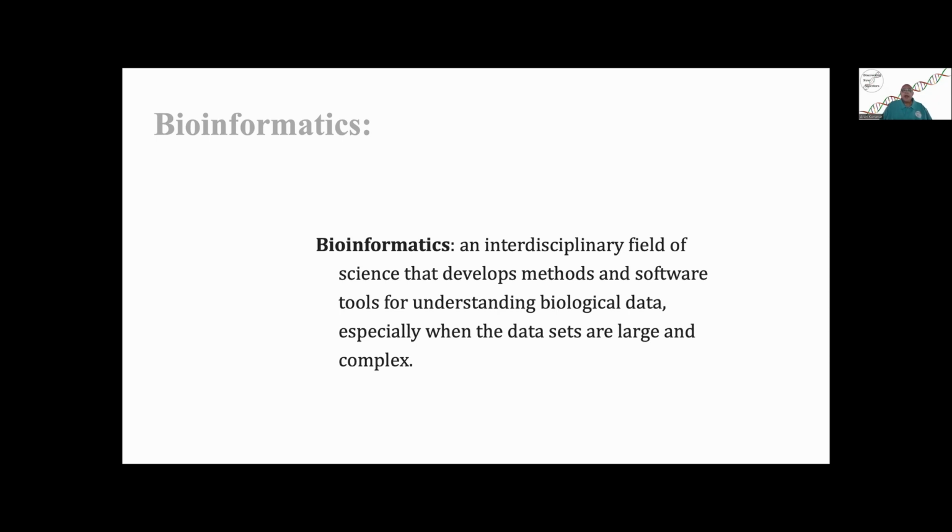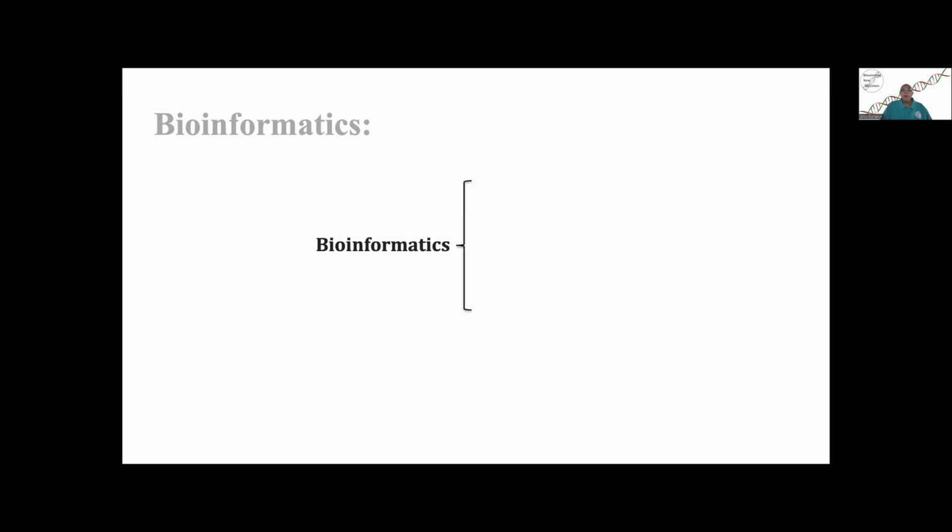Now, bioinformatics, for our purposes, we're combining the disciplines of biology, information engineering, and mathematics into bioinformatics. And unless you're going to design your own software tools, you really don't need to know anything about these last two fields.